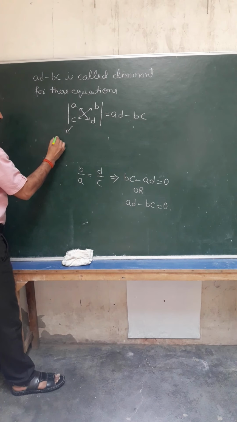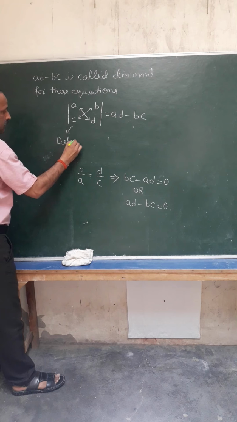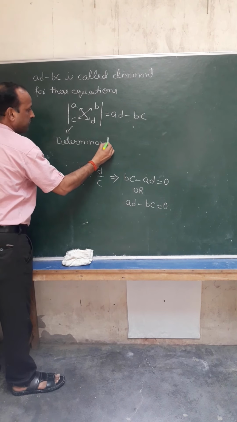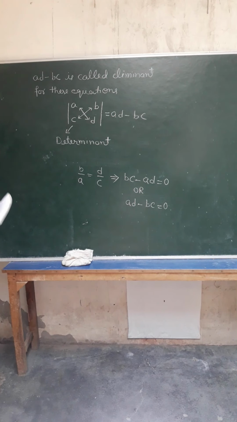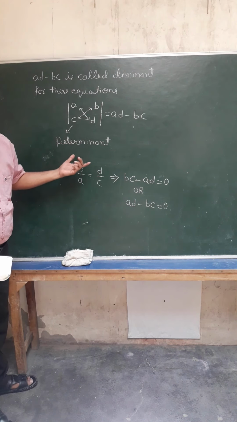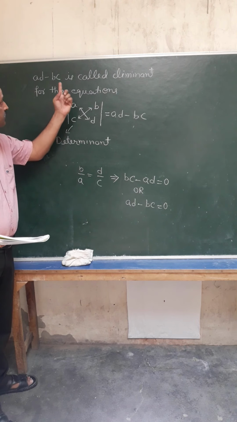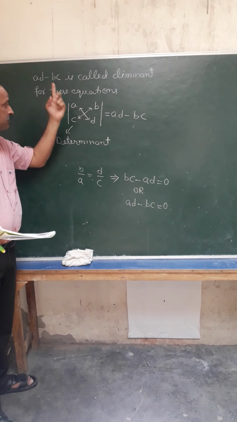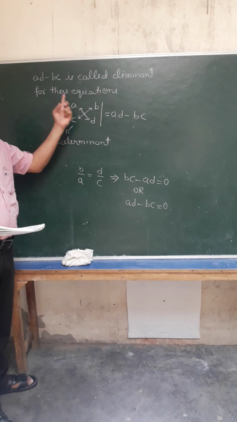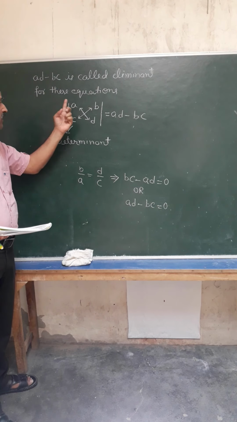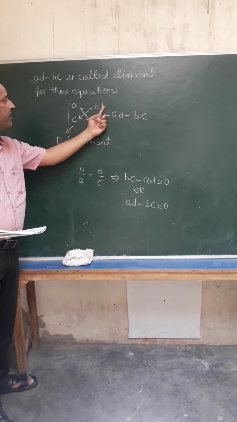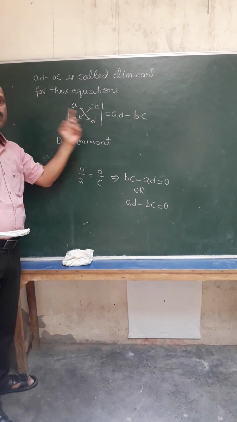This is called a determinant. So in other words, if we say what is a determinant, it is an expression between two vertical lines with an equal number of rows and columns.